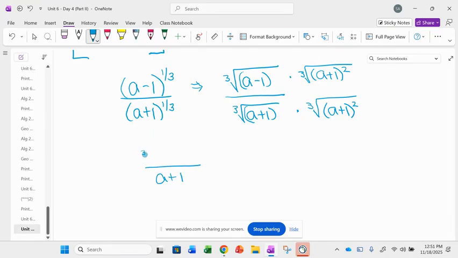In my numerator, I have an a minus 1 times an a plus 1 quantity squared. You do not need to multiply these. You do not need to multiply what's inside of there. If there was a plus sign between these two, would you then need to FOIL out and then combine like terms? Yes, but when it's strictly multiplication, you can leave it as factors. So this is where we stop.